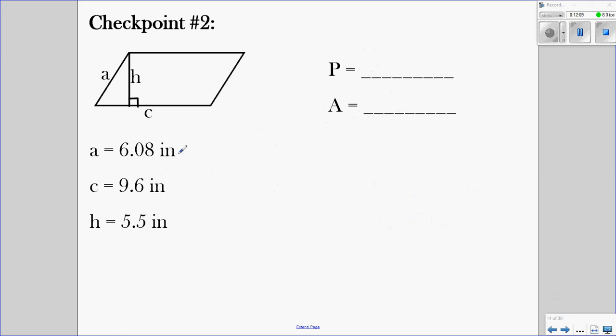So again, this is all just review. For this parallelogram, we add in all the sides, so A and C. Since A is the same as this side and C as this one, you would just do length and width, so 2L plus 2W. So P equals the 2 lengths, which is C, which is 9.6, and then the 2 widths, A, which is 6.08.